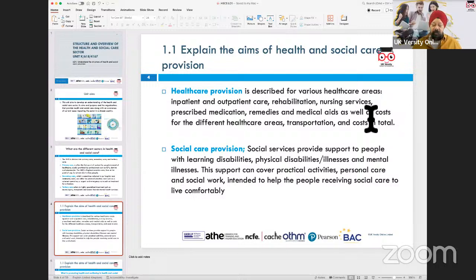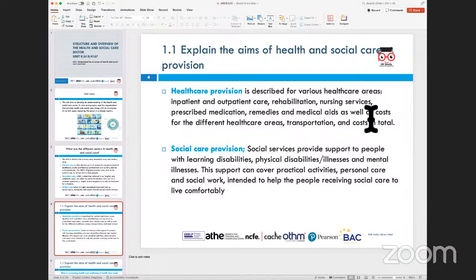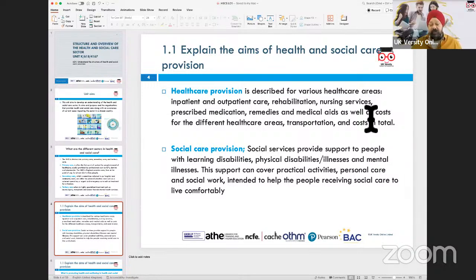Remedies could be, for example, physiotherapy sessions. If you've had a cardiac surgery and you need to recover and get back to your normal life and routine, then remedies would mean physiotherapy sessions with the cardiac rehabilitation unit or the nurse. They would consist of a combination of medication, physiotherapy, and support provided by the healthcare services for you to get back onto your feet.